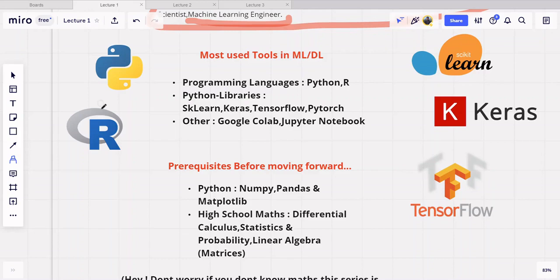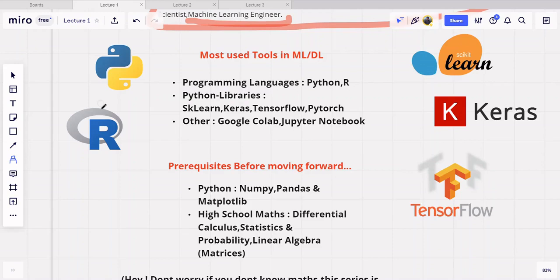So Python and R are among the major programming languages used in machine learning and data science. This is mainly because of the syntax, because when you are doing machine learning, it becomes very efficient to not focus on the syntax of the programming itself.